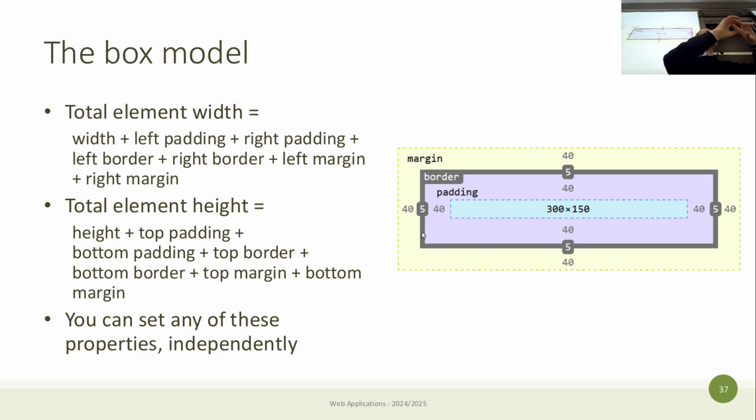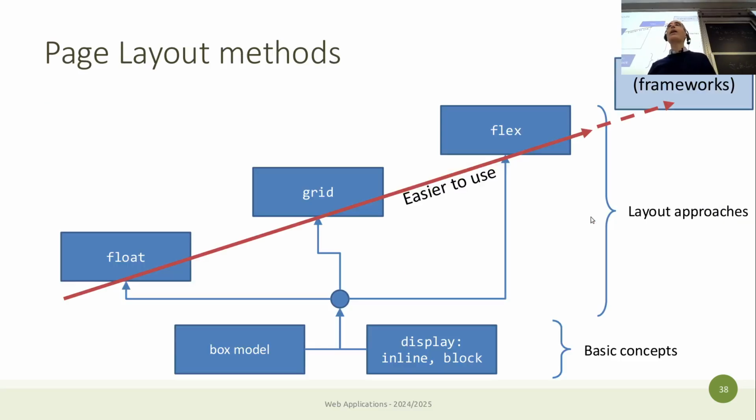Okay, now that we know that each element has a box, including the bigger elements, the tables, the elements that we define ourselves, the divs, the spans, and so on. Now we can locate these boxes around in the page. Okay?